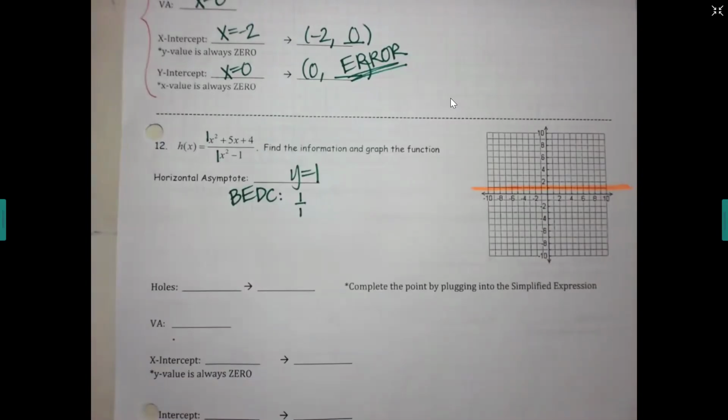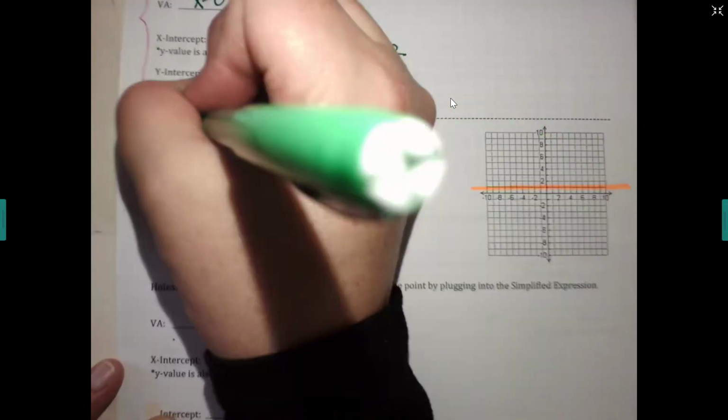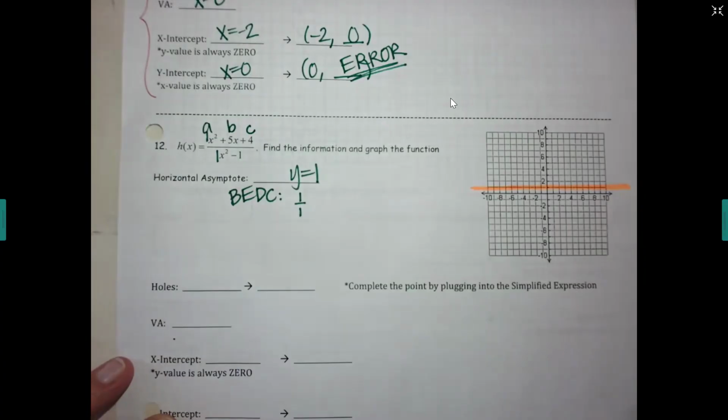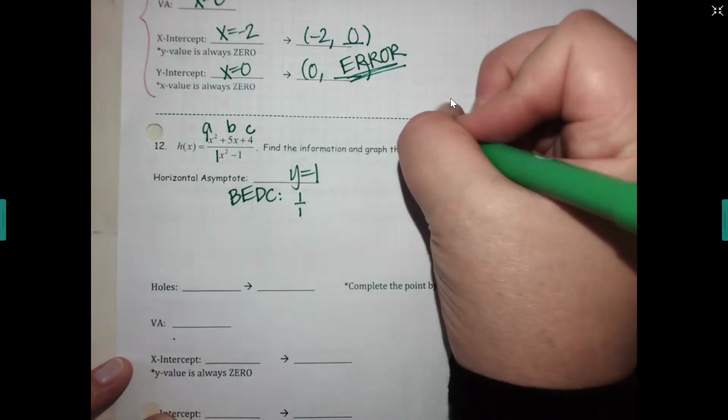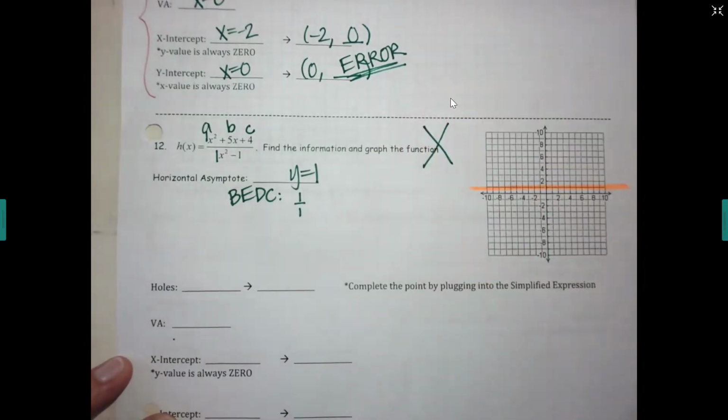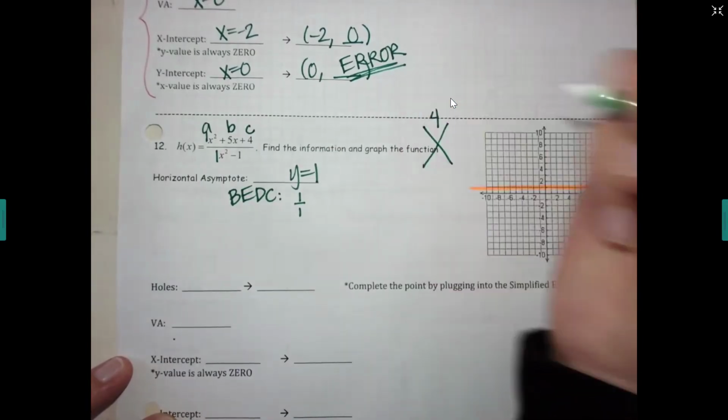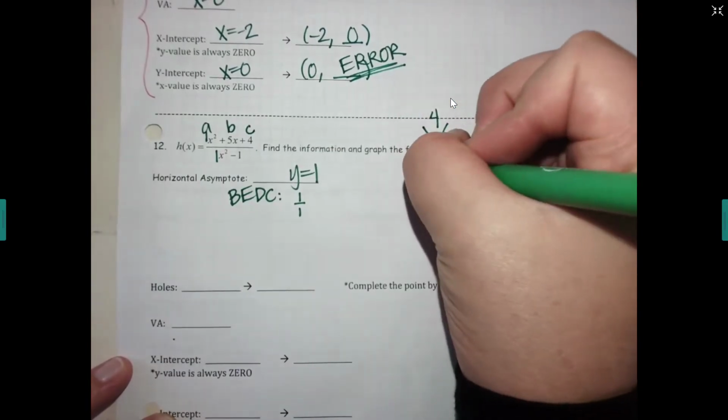Every other part you have to factor to be able to find. So for the top, what method could I use? Your choices are GCF, perfect squares, or AC chart. Very good. A, B, C. I'm going to do it up here to the side. So I need numbers that multiply to 1 times 4 and that add to 5.